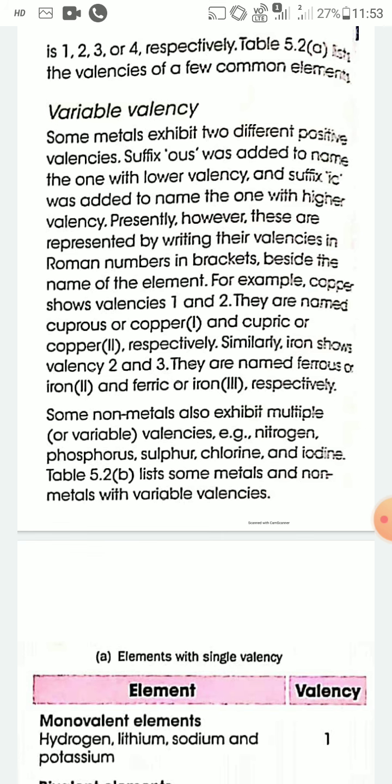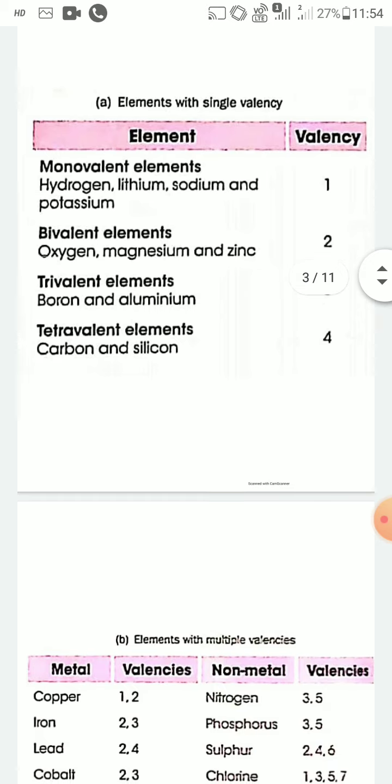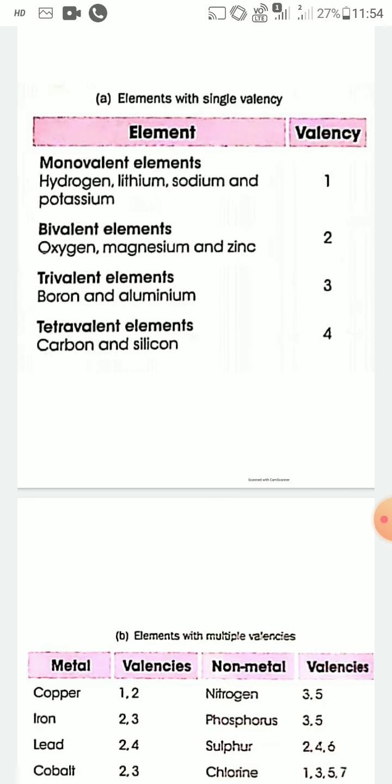Like some metals, some non-metals also exhibit multiple or variable valencies, that is, more than one valency. For example, nitrogen, phosphorus, sulfur, chlorine, and iodine. In this table, you can see first the elements with single valency.